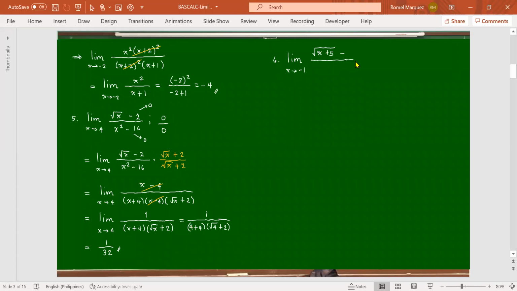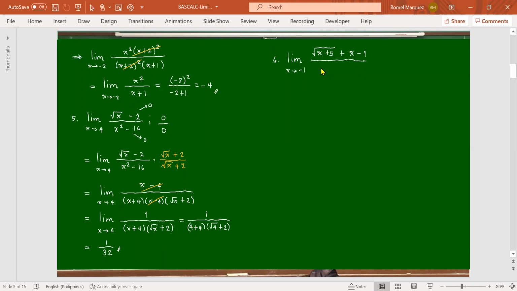Let's say I have this. So this is square root of x plus 5, minus x plus x. Negative 1 minus 1. 2 minus 2, 0.